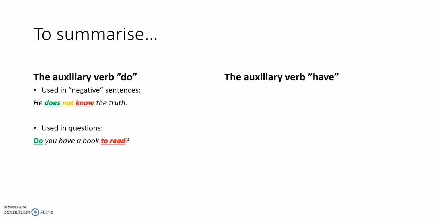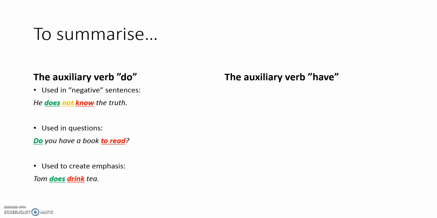It's also used in questions, as well as to create emphasis. And emphasis is something where we sort of want to press the fact that no, you're wrong, this is right. So instead of Tom drinks tea, it could be Tom does drink tea, as some sort of clarification.